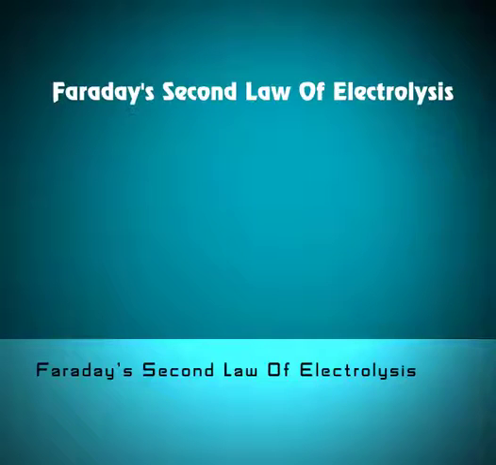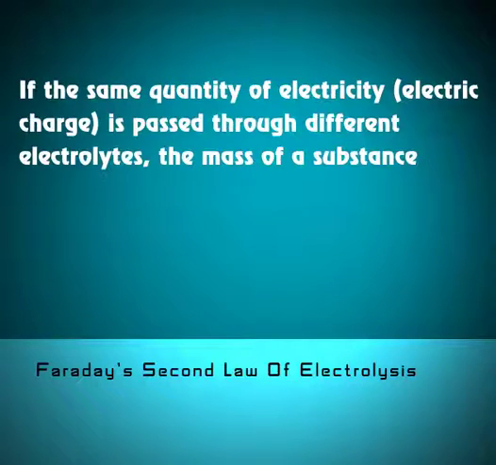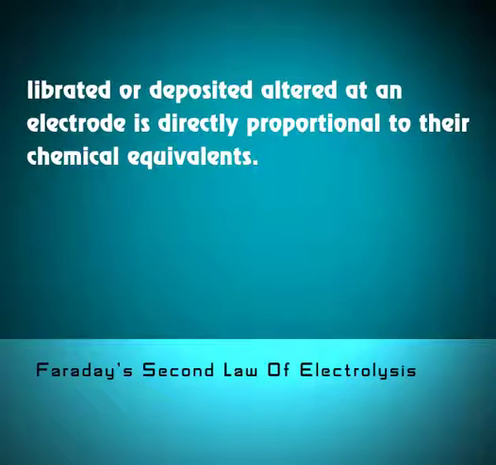Faraday's second law of electrolysis: if the same quantity of electricity, electric charge, is passed through different electrolytes, the mass of a substance liberated or deposited at an electrode is directly proportional to their chemical equivalents.